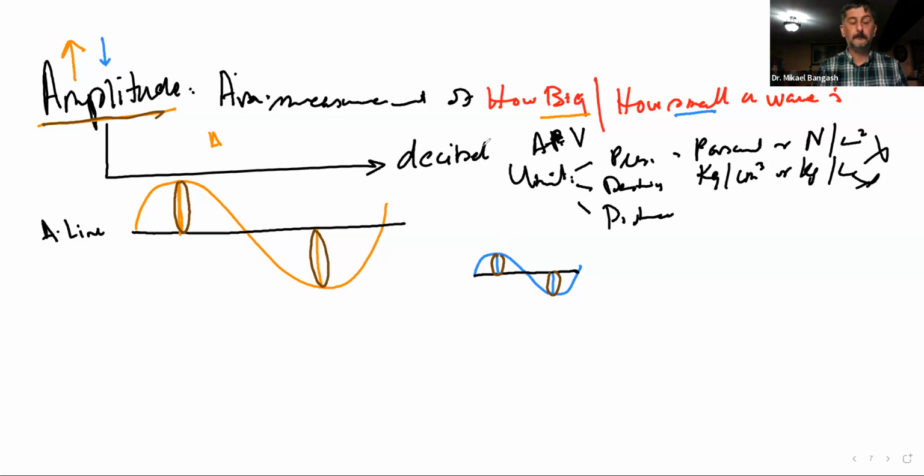So the amplitude of sound waves may be expressed in the unit of decibels, where the symbol used for decibels is a lowercase d and an uppercase B.